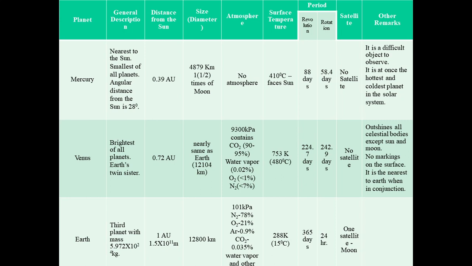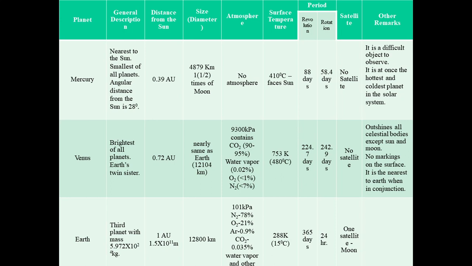Now if you consider the atmosphere of Venus, it is surrounded by a dense atmosphere when compared to Earth. Its atmosphere is composed of at least 90 to 95% carbon dioxide, 0.02% water vapor, less than 1% oxygen, and less than 7% nitrogen.